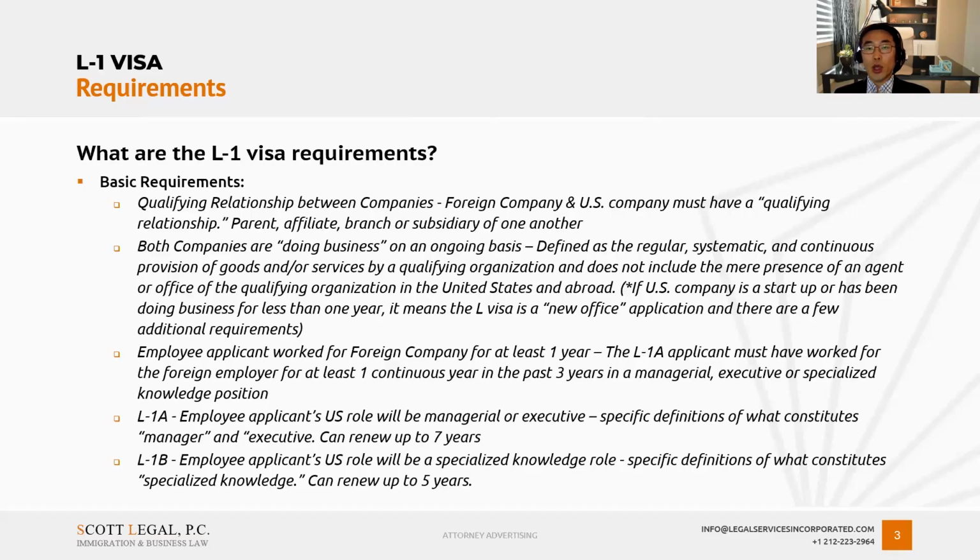This means that you have to really look at the company's ownership structure. Parent, branch, or subsidiary relationships are relatively easy to understand because it is a situation where either the foreign company or the U.S. company owns the other one.